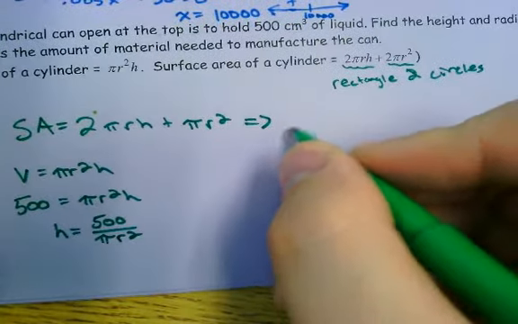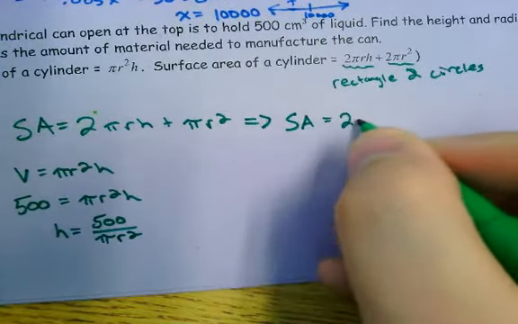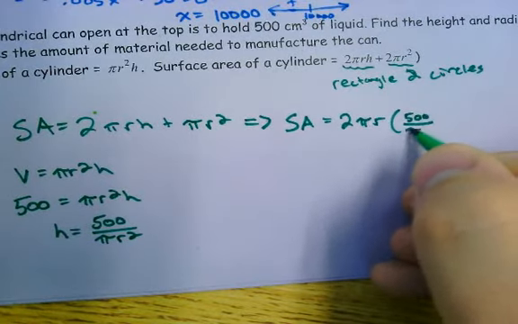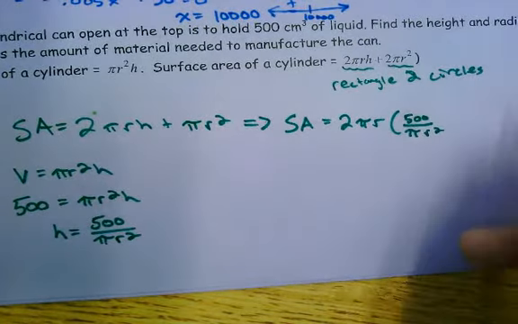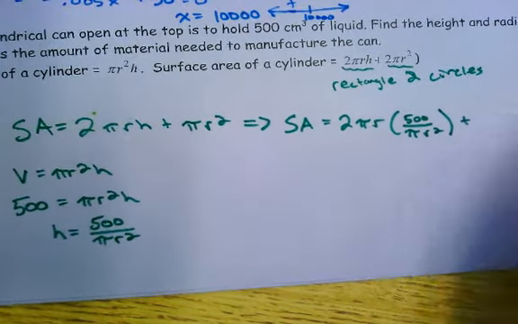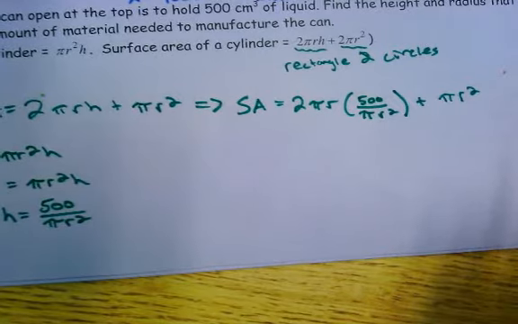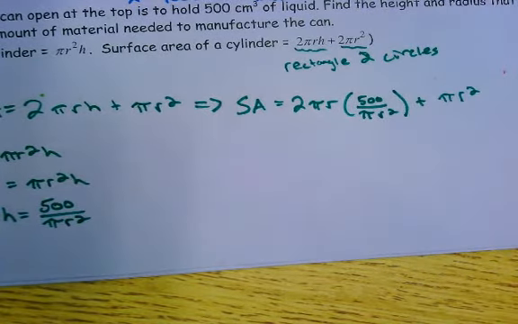So let's rewrite this now. Surface area is going to equal 2 pi r times 500 over pi r squared, plus pi r squared. Can I simplify that surface area formula at all?